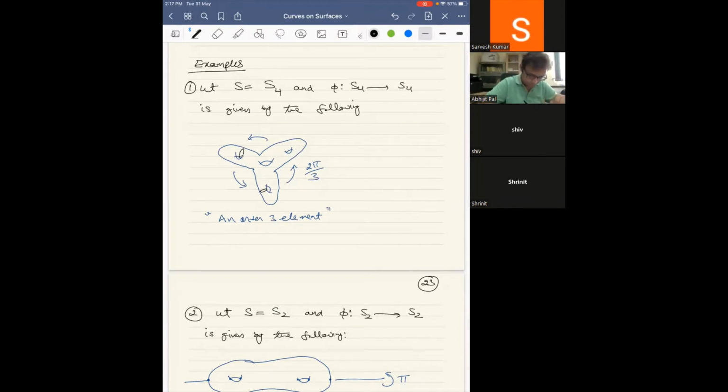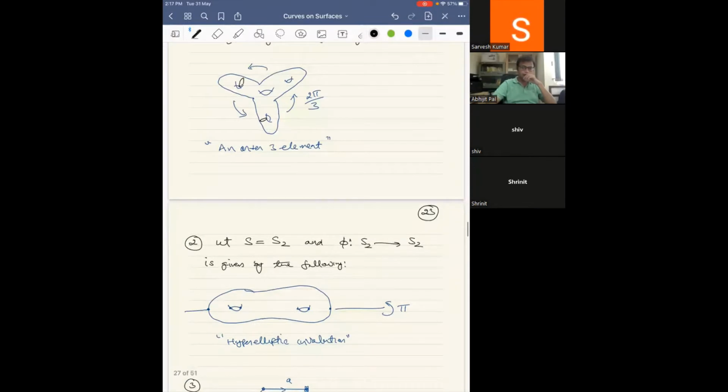This is actually a restriction of a map: you embed your S4 inside R3, look at an automorphism of R3, and restrict it to this genus 4 surface. So this is a special kind of element. And why is it non-trivial? Because you can see the action on these curves is non-trivial.